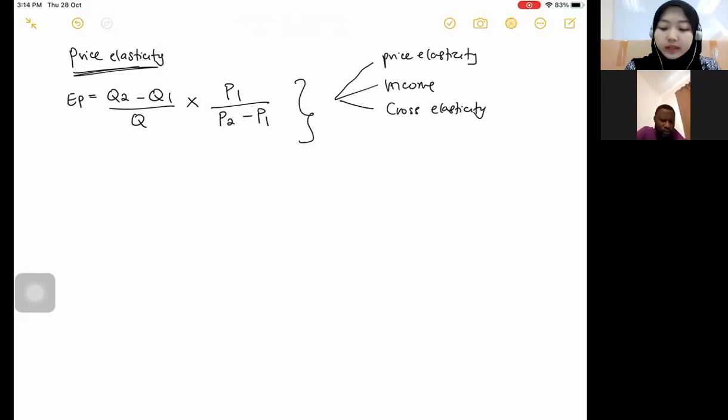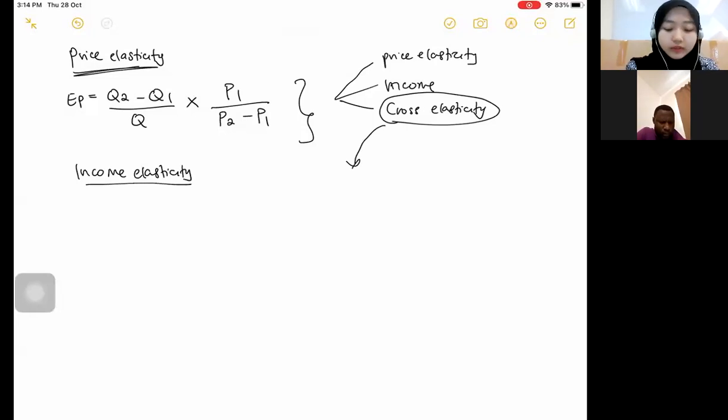Okay, and then the difference is just that for cross elasticity, you will use a different quantity for that price. So let's say this is for income. Maybe you can screenshot this after I finish everything, list down everything, so you can use it as your extra notes.